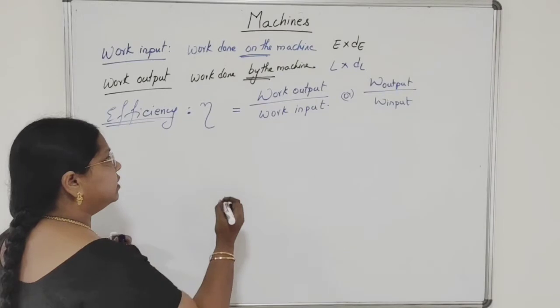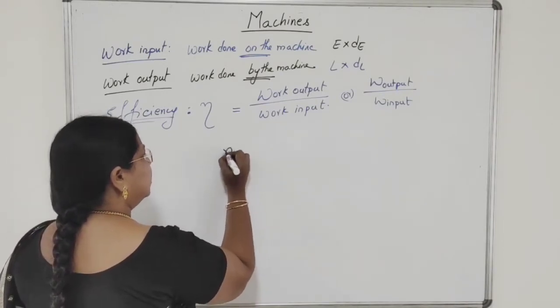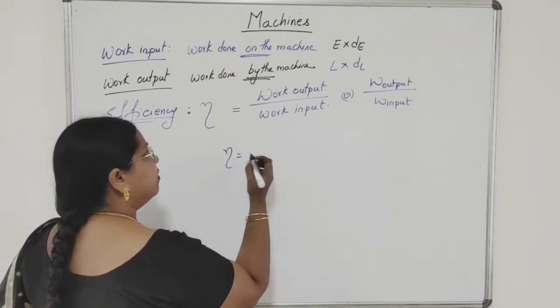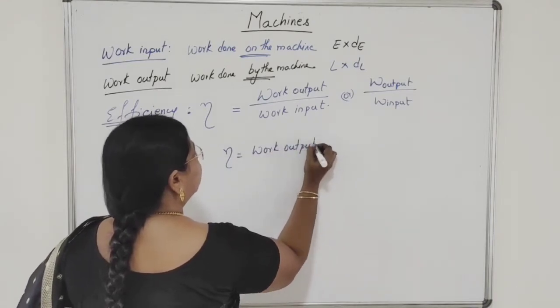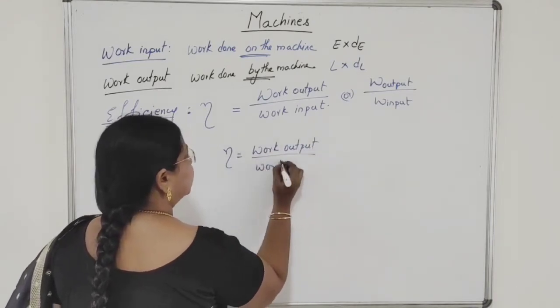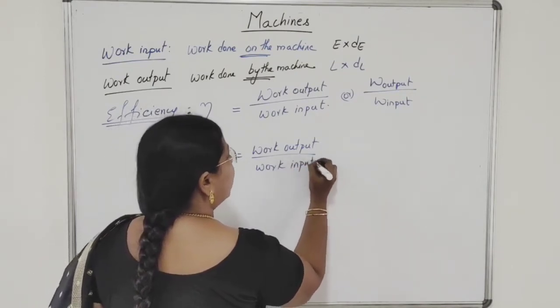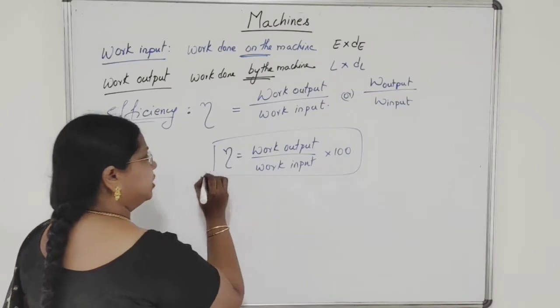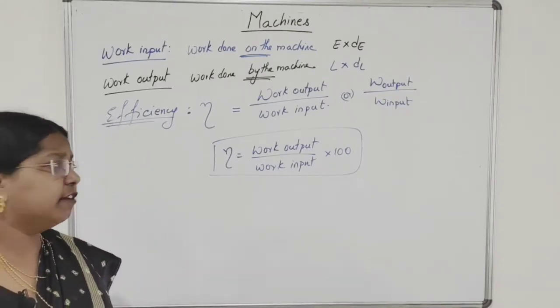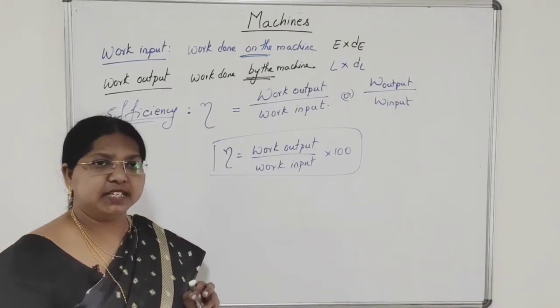So we will write it as work output by work input into 100. Then we can tell how efficient the machine is.